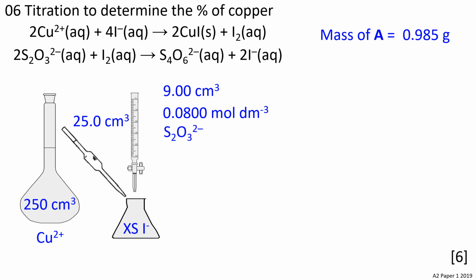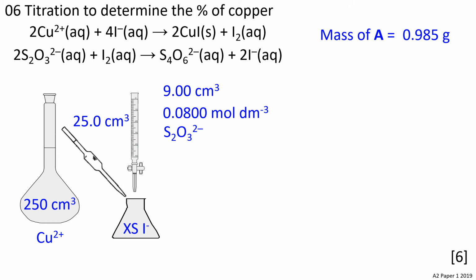In the second stage, thiosulfate ions are added from the burette, which then react with the iodine in the conical flask, and we can test for the presence of iodine by adding starch. Starch will turn blue in the presence of iodine, so when all of the iodine has been used up, we will see a colour change from dark blue, almost black, to colourless.